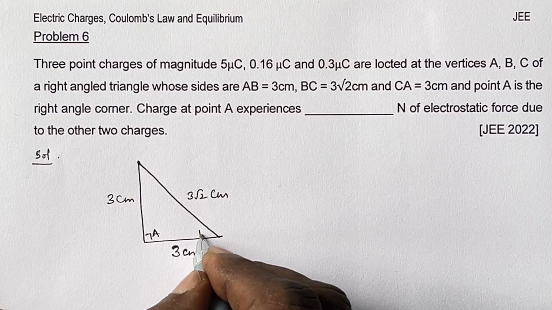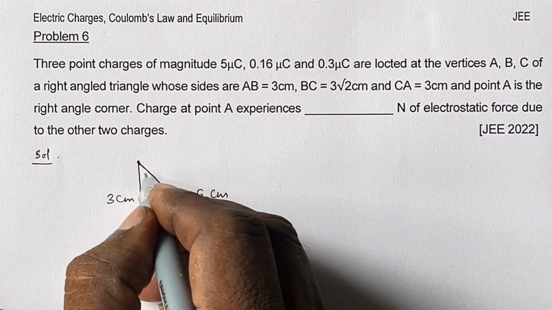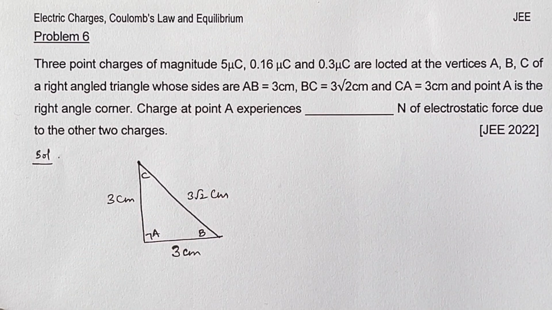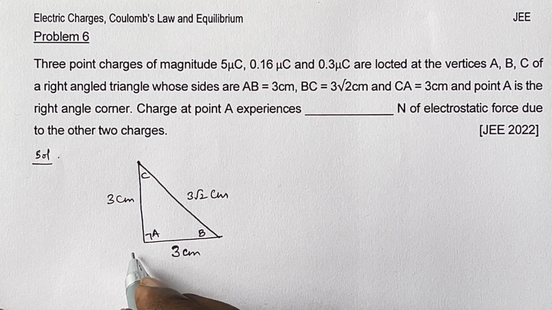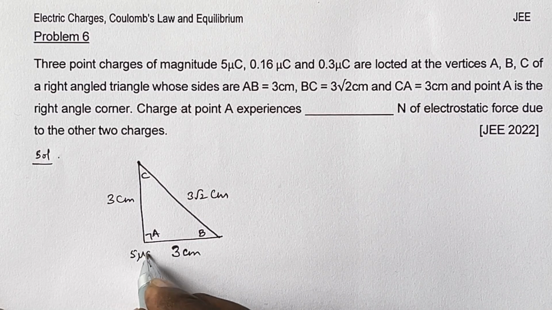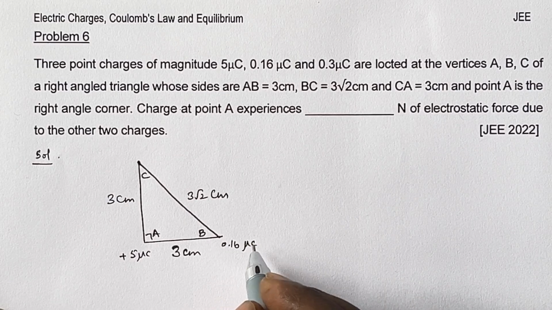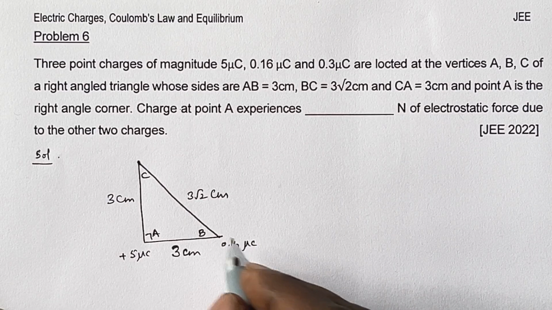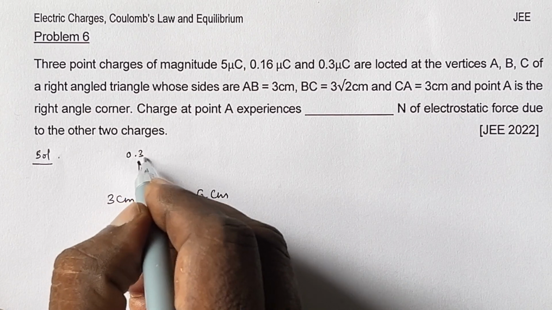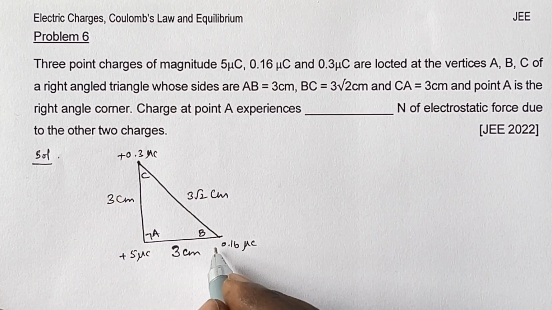This is A, B, C, like that. At A 5 microcoulomb is there. I'll take all positive. At B 0.16 microcoulomb and at C 0.3 microcoulomb.